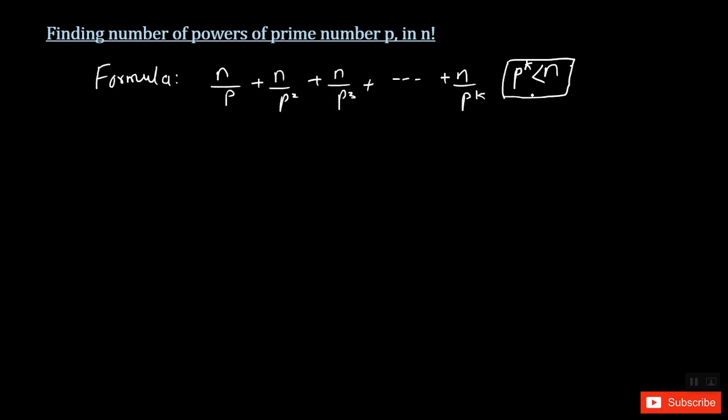This is the condition I need to follow. This is the same as the previous one, but instead of 5 I am representing it with p, where p is any prime number, and n is the integer given for the factorial. Let's take an example.